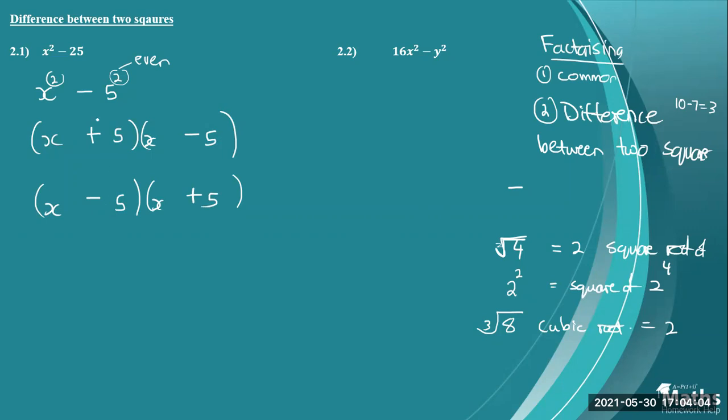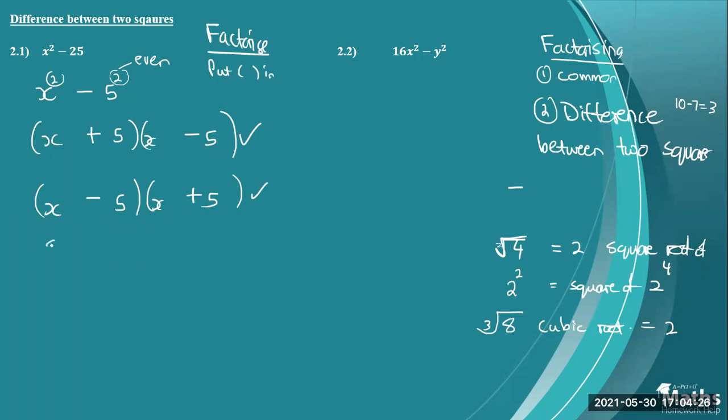It doesn't matter. So remember, if they say factorize, factorize means that you put brackets in. Factorize means you put brackets in. So this is exactly what we did. So you can stop there, or you could have done it like this.